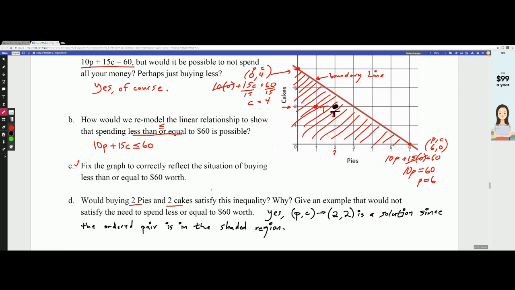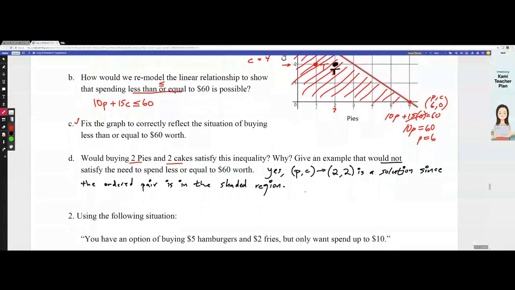Give an example that would not satisfy the need to spend less than or equal to $60 worth. Looking at my graph, if I bought 4 pies and 3 cakes, that would definitely be false. That would be way out of my spending area. So let's go ahead and show you that.